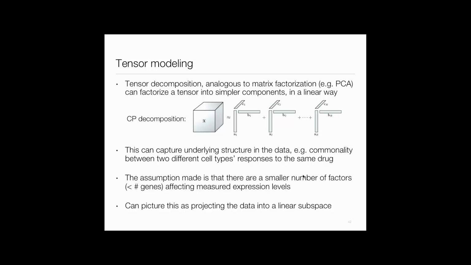Start with my partially observed tensor that has some missing values, and just fill in the missing values with random numbers. Okay, then take that tensor and perform a CP decomposition, and approximate that tensor using some low rank number of factors.